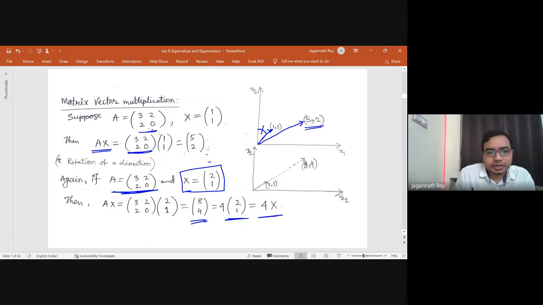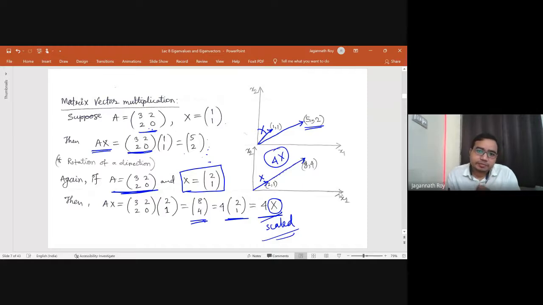So what just happened now? This x vector is just becoming scaled 4 times. We can see that for this particular matrix and x, we get 4x.